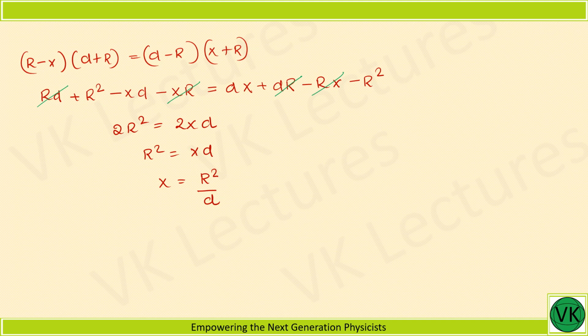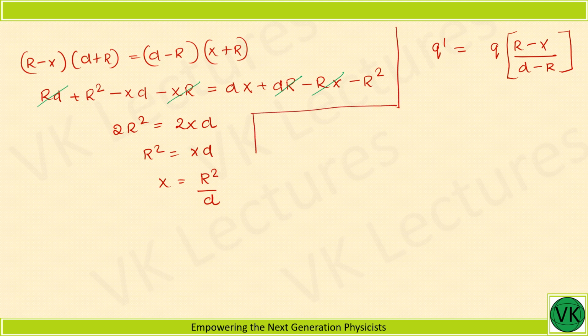Now we can take any one of the equations, that is q dash equal to q into r minus x divided by d minus r. And with this equation, let's substitute for x. So that's the first part. X equal to r square by d. So q dash equal to this, there is a minus sign.